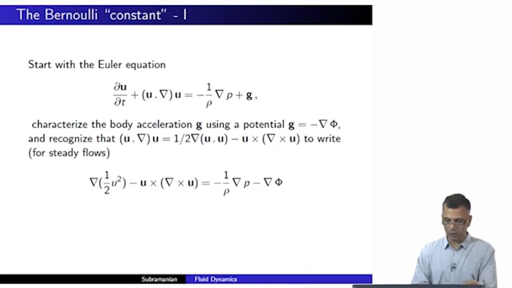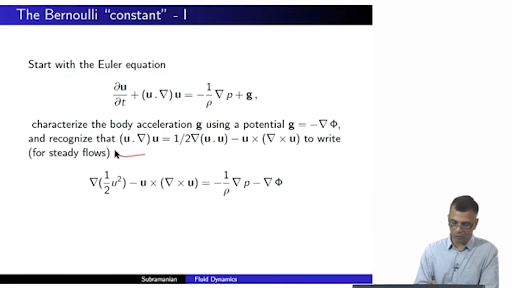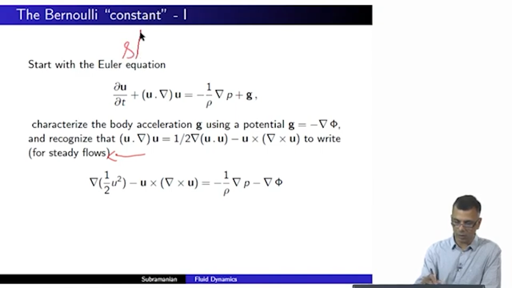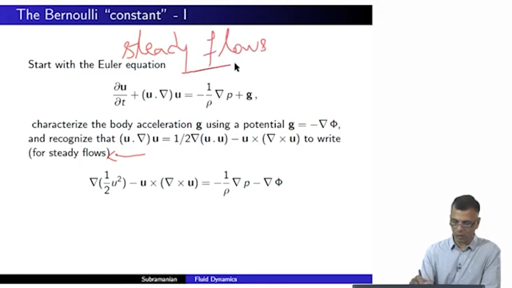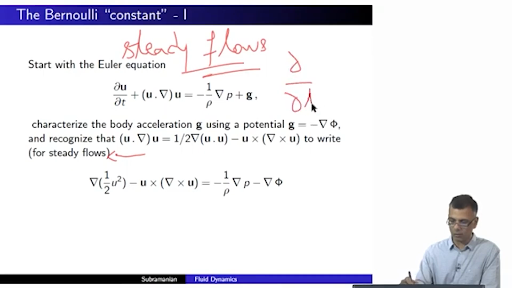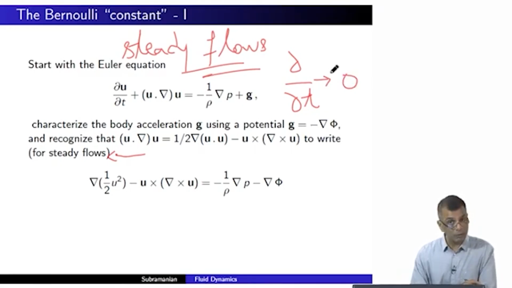Right. And now we say for steady flows, we emphasize the word steady. Steady flows are ones where the time derivative is 0, the time derivative as discerned by the lab observer, the Eulerian observer.